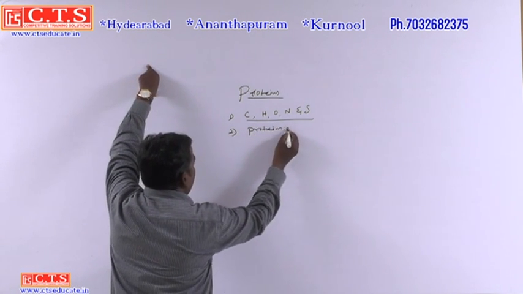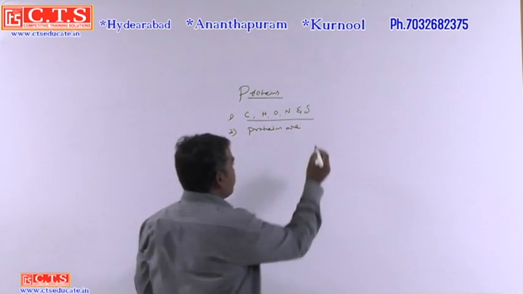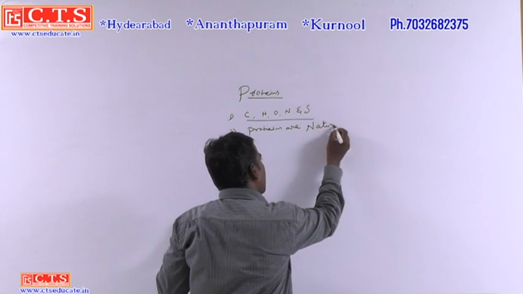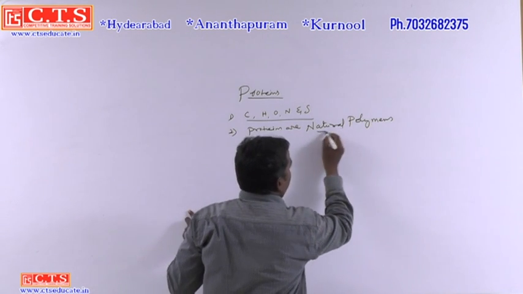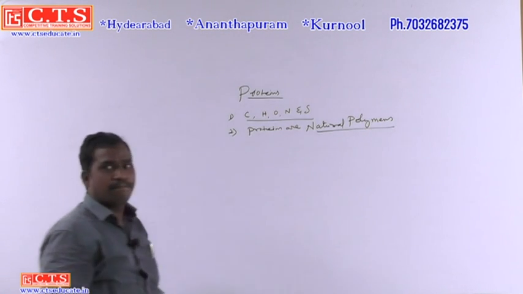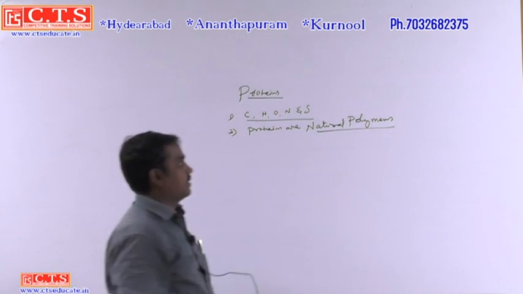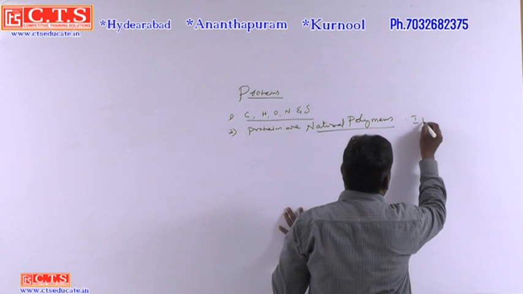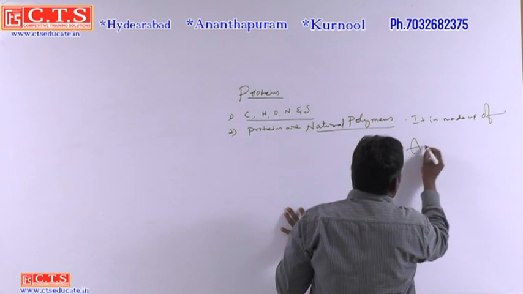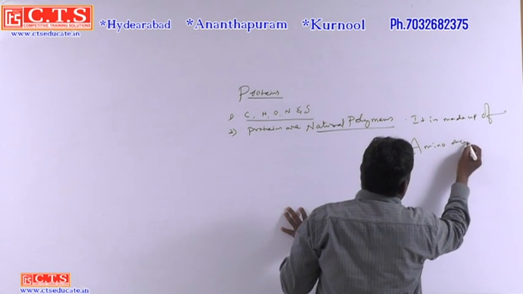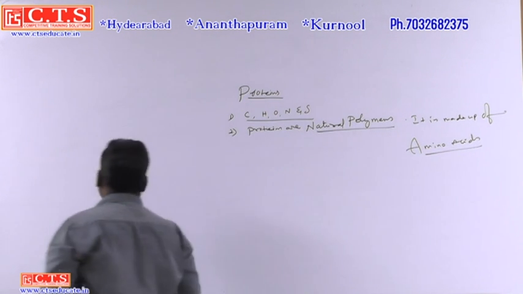Number two, proteins are natural polymers. They are made up of amino acids.